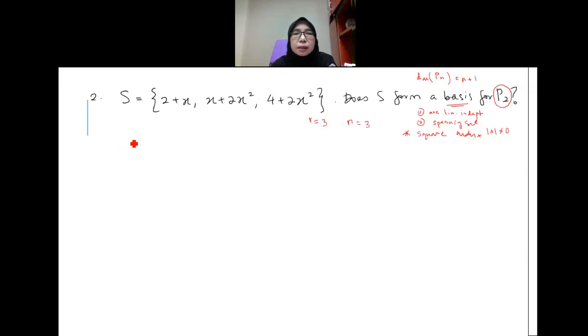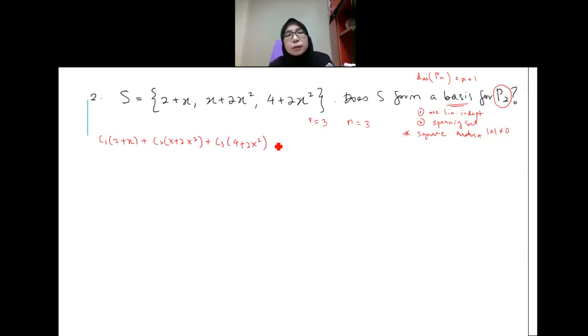Here there are 3 vectors, therefore you should get 3 scalars. C1 multiplied with the first vector 2 plus x. Okay, this is called linear combination. Plus C2 times x plus 2 x squared, plus C3 times 4 plus 2 x squared.